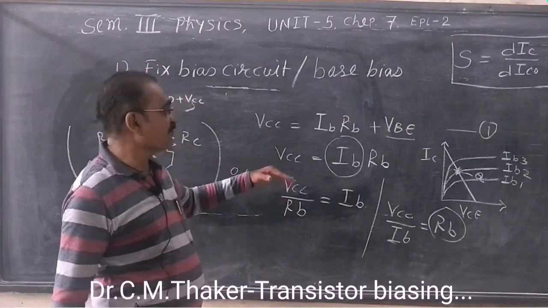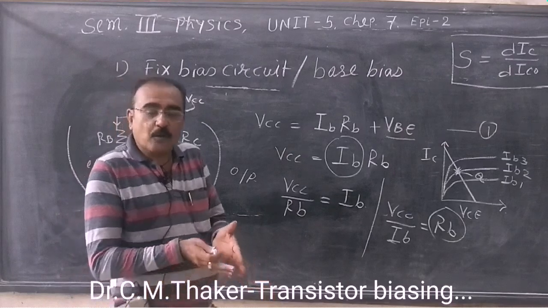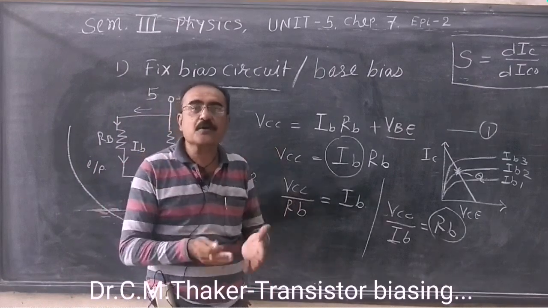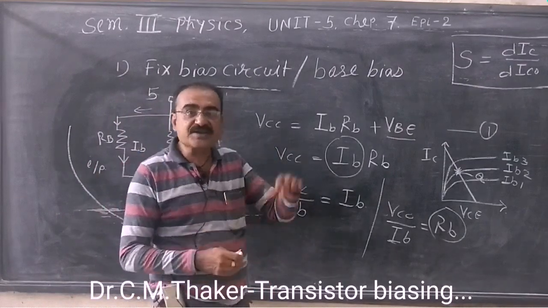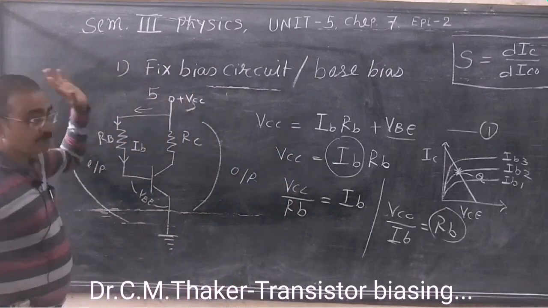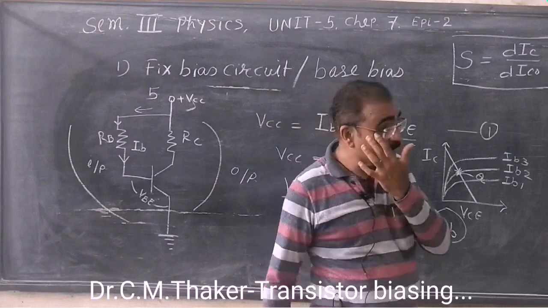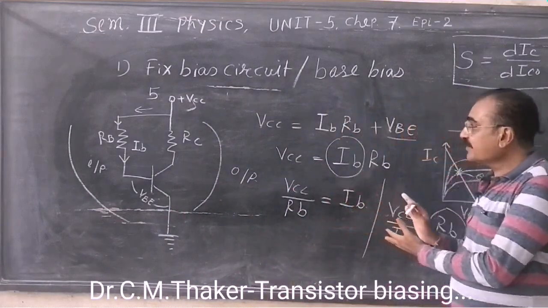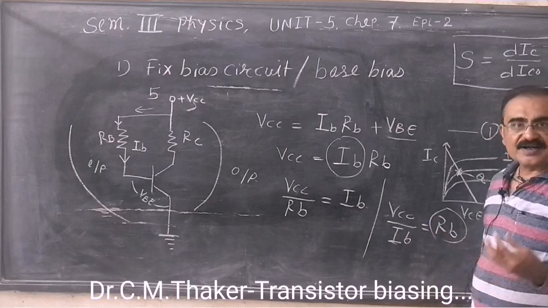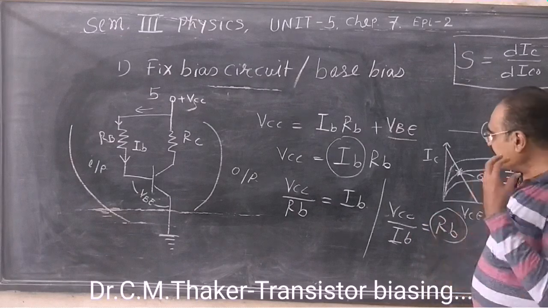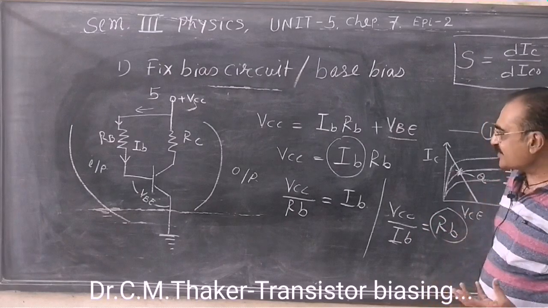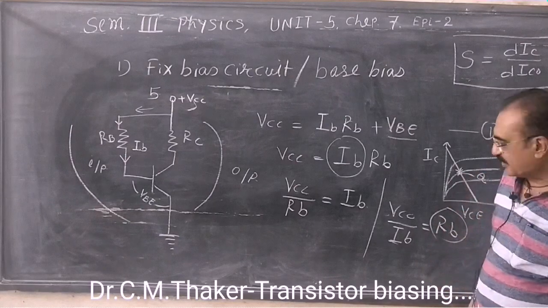That's why the name is fixed bias. RB automatically becomes fixed as per your desirable IB with respect to the applied power supply. Right? So this is the circuit analysis for the fixed bias circuit. Very easy. It has few steps to analyze the circuit and is very easy to understand the physical significance also.